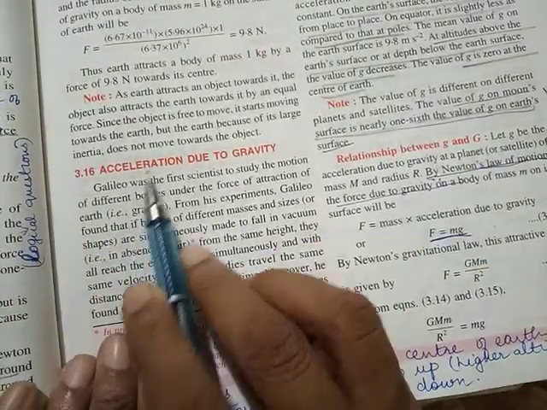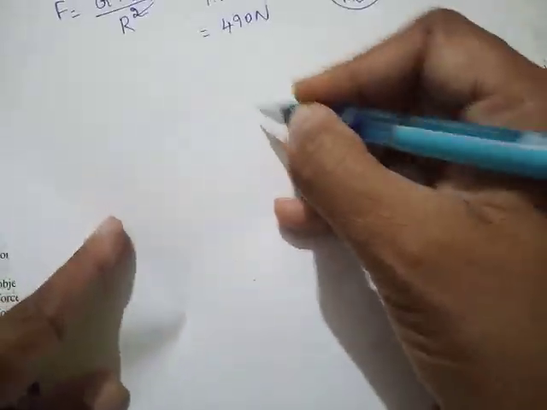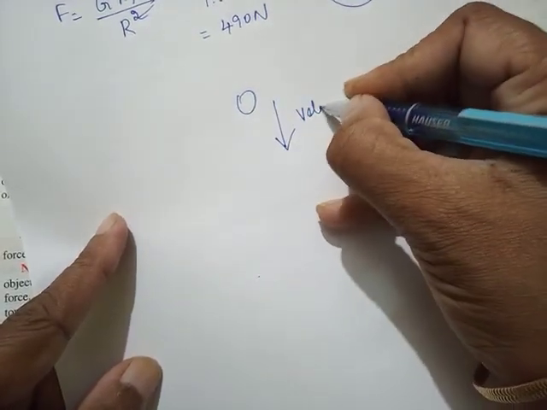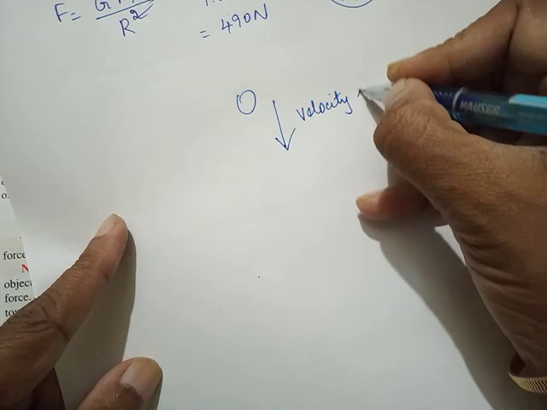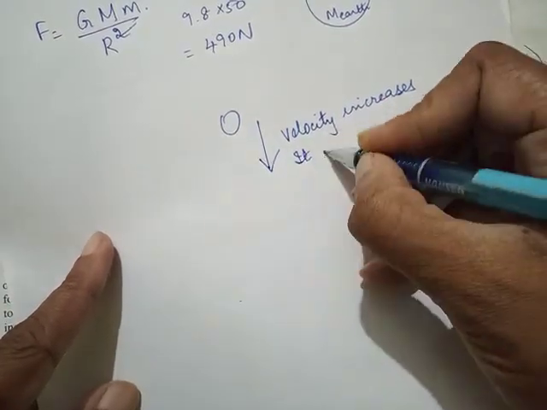Anyway, then comes acceleration due to gravity. What is acceleration due to gravity? You know that because of the force of gravity, if I drop any body down, its velocity increases, or I can say it undergoes acceleration.